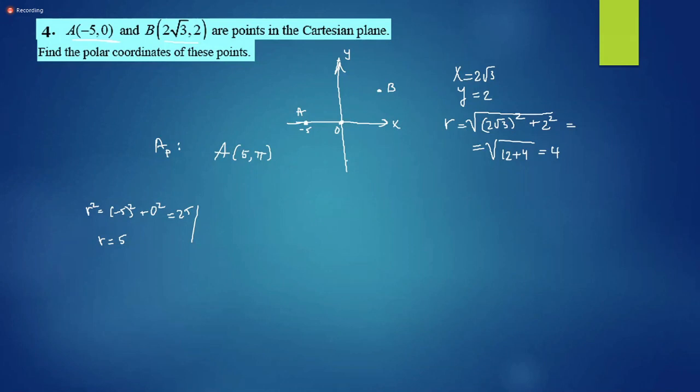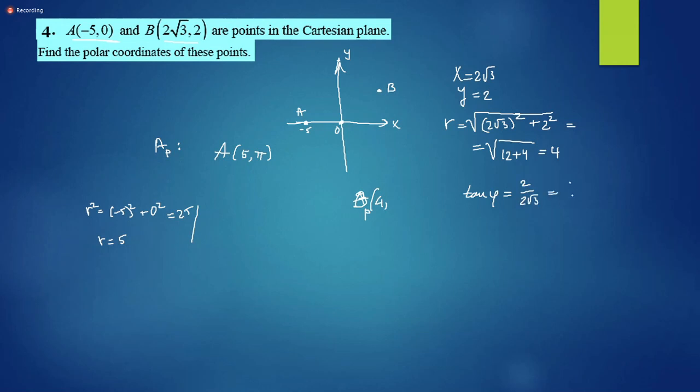All right, so we have a distance 4 for the polar B, B in polar coordinates. The distance is 4. And the angle, now let's see, tangent of this angle would be y divided by x. So it's 2 divided by 2 square root of 3.